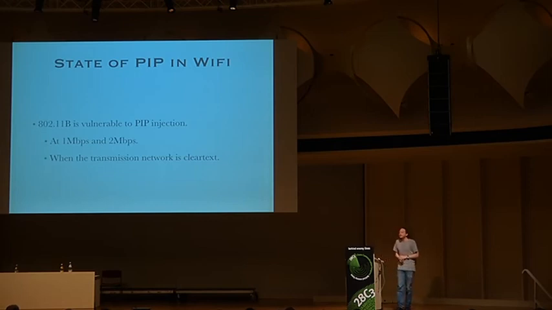So the present state of packet-in-packet in Wi-Fi is that 11B is definitely vulnerable at 1 megabit and at 2, but only when the network transmission is in clear text. I bet a lot of you are thinking, I use WPA, so I don't have a problem here.